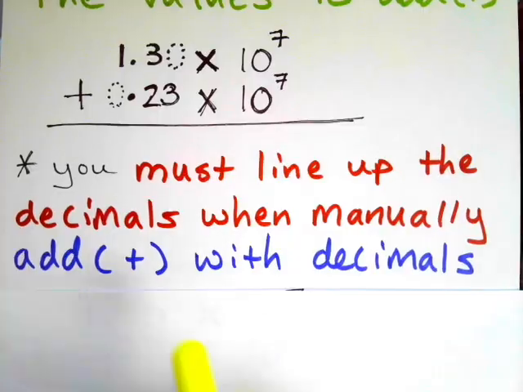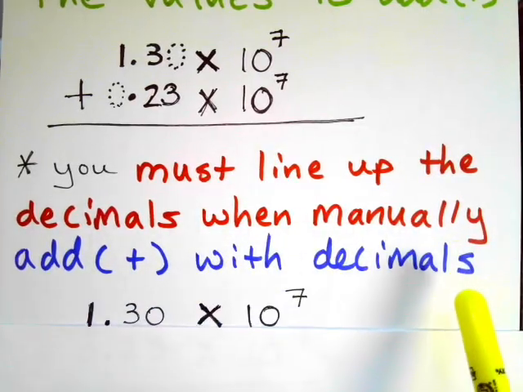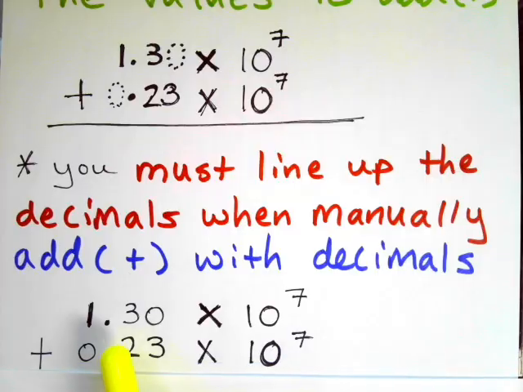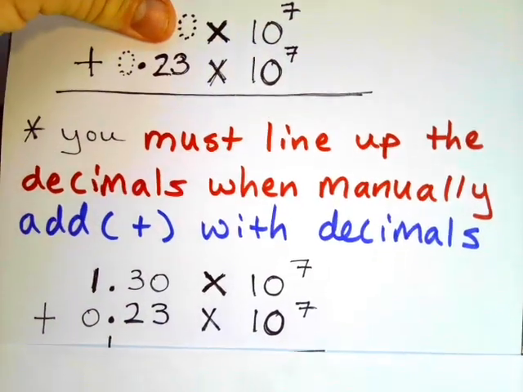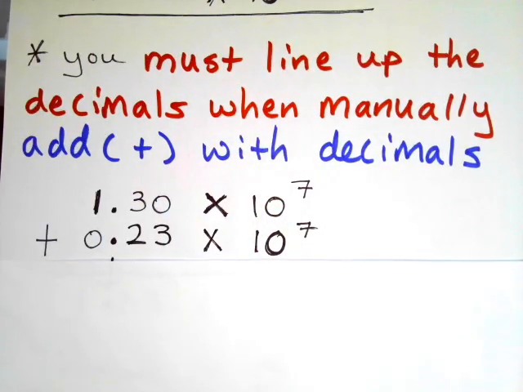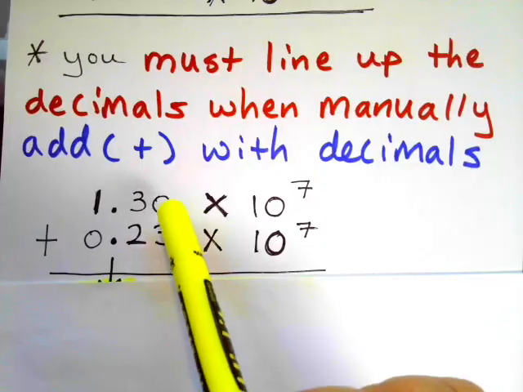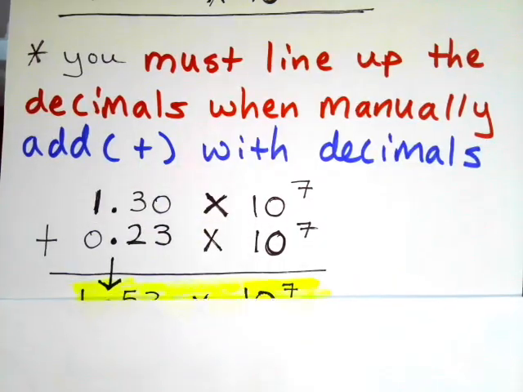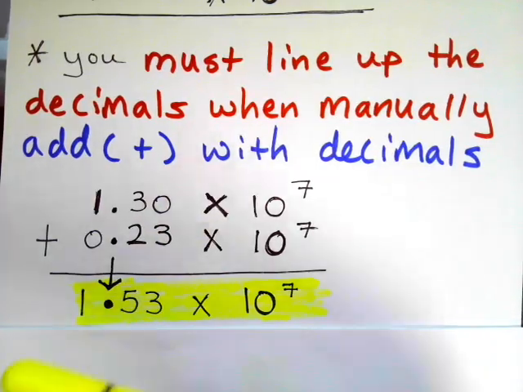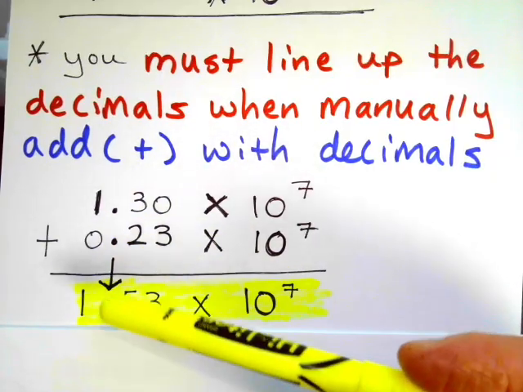You must line up the decimals when manually adding with decimals. So I rewrote this to show you without those dots. I just wrote those zeros in right here. And again, with the arrow I'm showing you, you just bring that decimal right down, keeping it lined up.